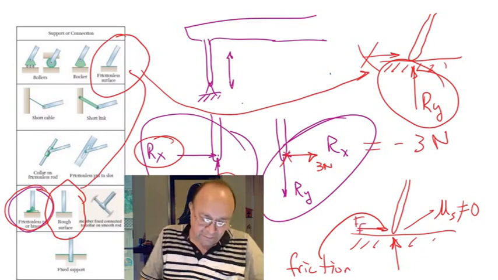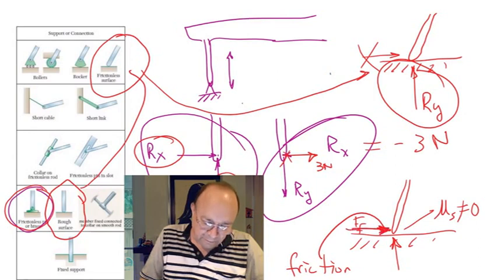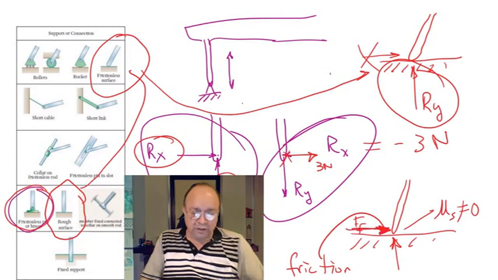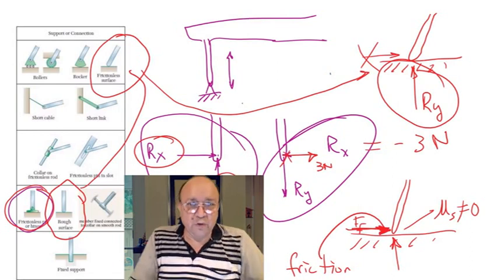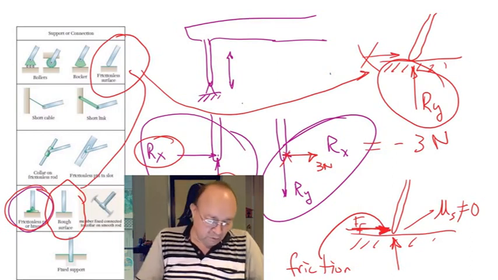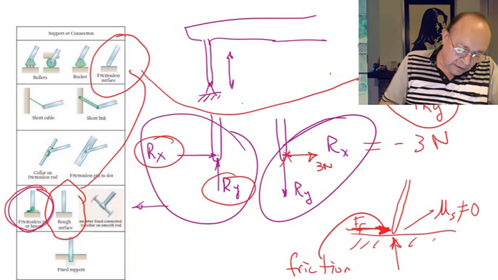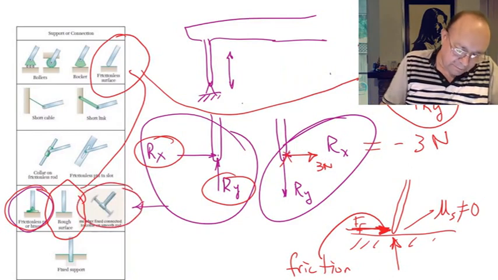Let's call it F sub F, frictional force. So there will be two unknowns in that kind of support. And let's see the third one here.